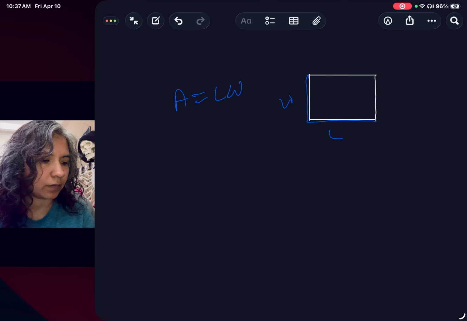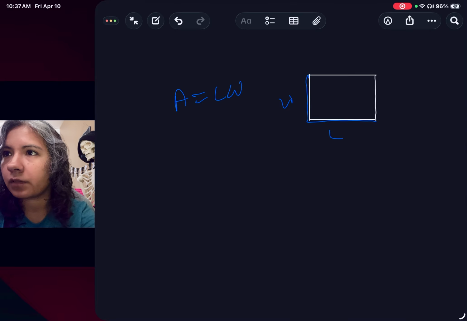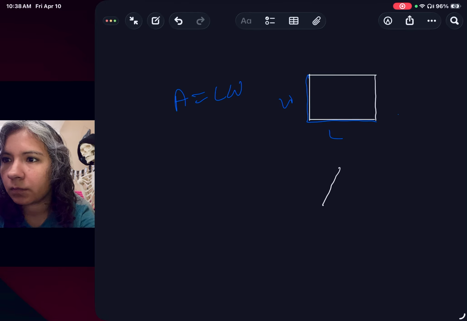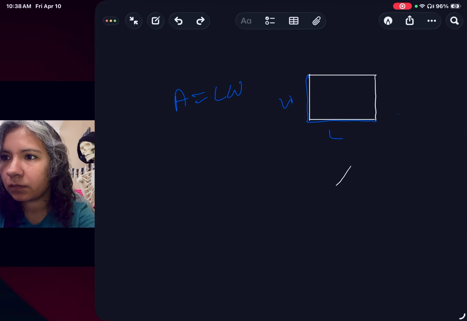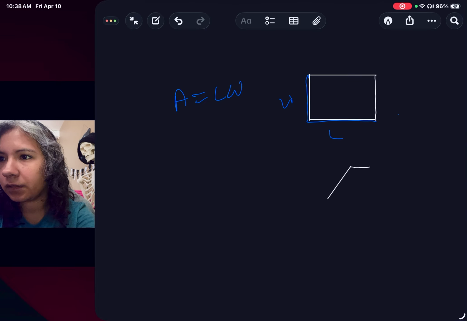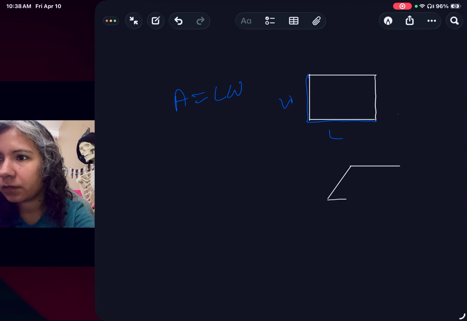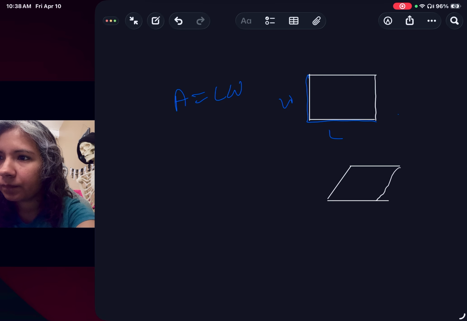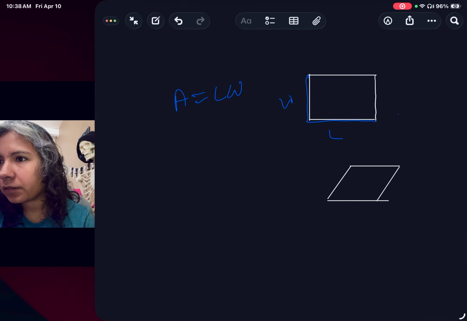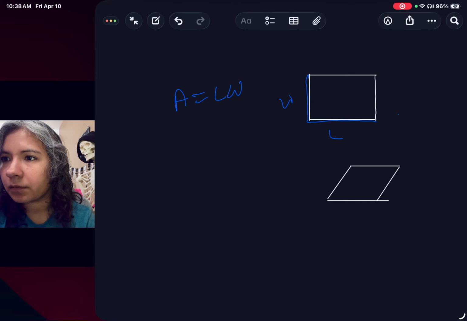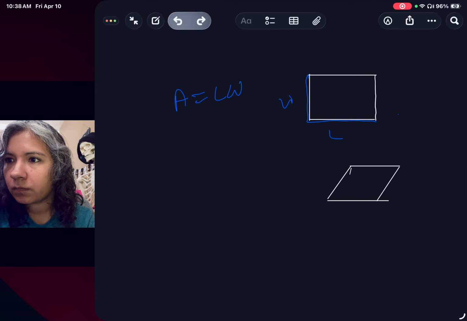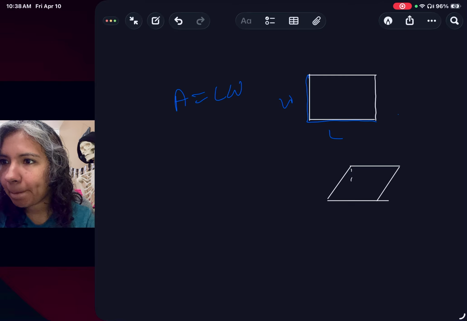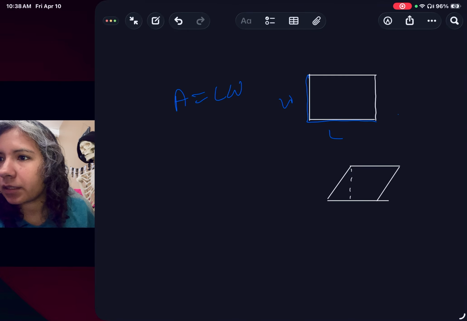All right, and so to find the area of a parallelogram, we do base times height.